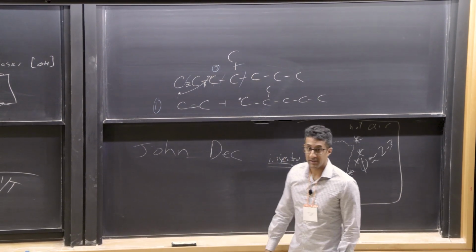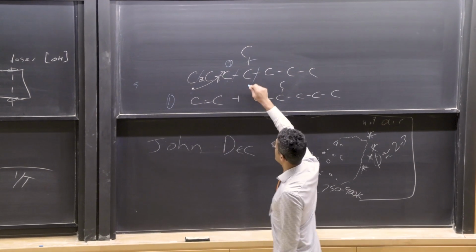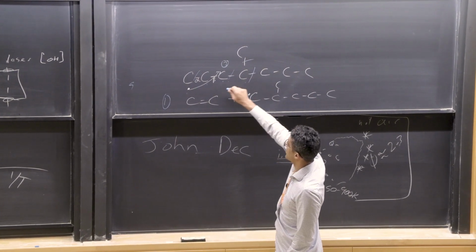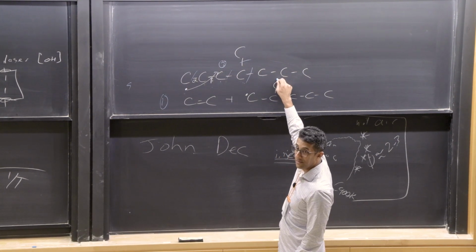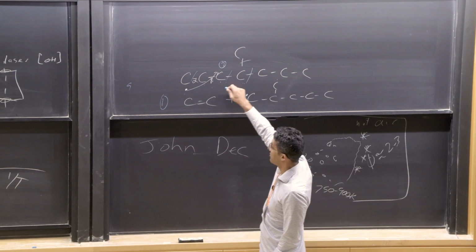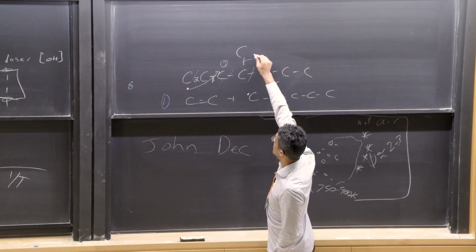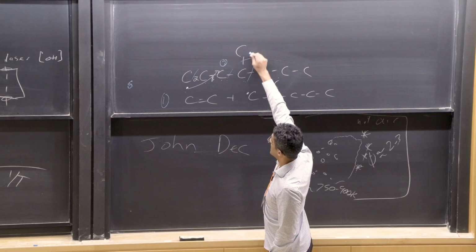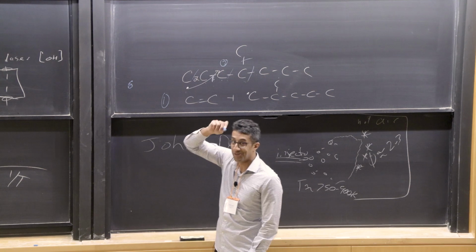There's actually 3, so now we're at 5. If the radical's here, you can break this side, that's 1. And you break this side, it's the same thing though. It's symmetric, so that's only 1, 6. And then the last radical is the one here, and it can break this side or this side, but it's the same thing. So there's 7.